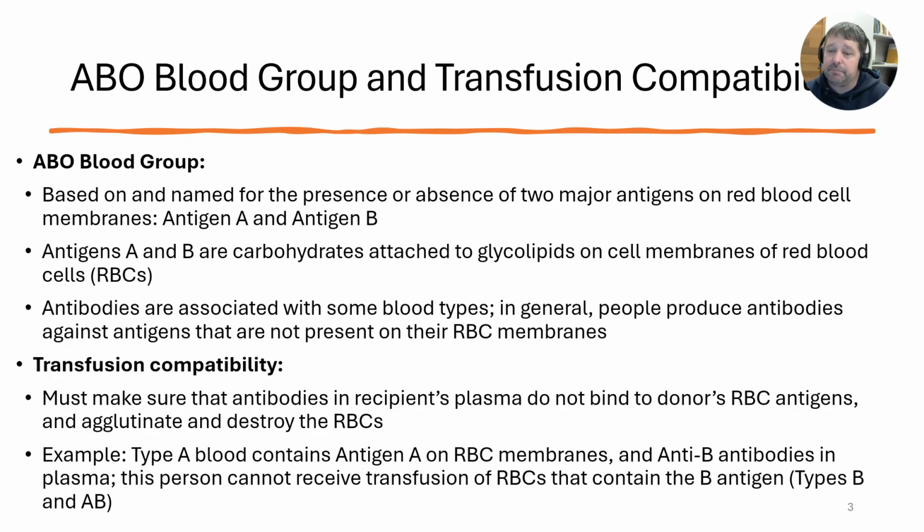If you have type B blood, it means you're producing B antigens. A blood, A antigens, but B antibodies. B blood, B antigens, but A antibodies. So you can't take blood from a person with A blood type and give it to a person with B blood type, because they have the antibodies against the antigen that's present.